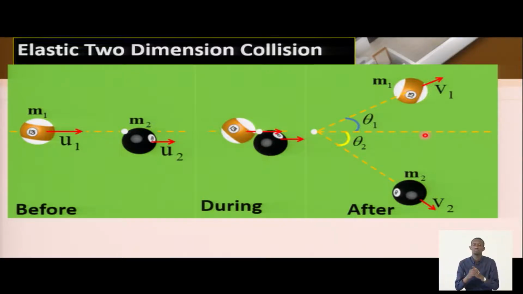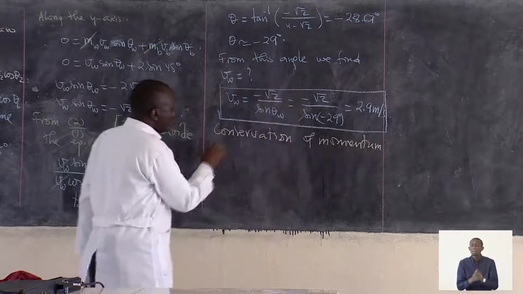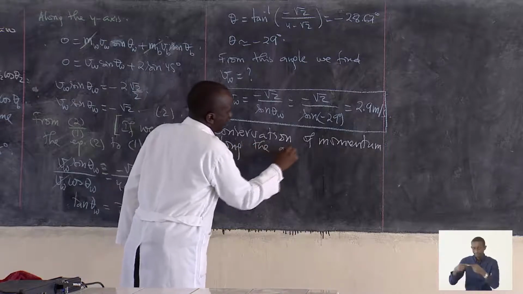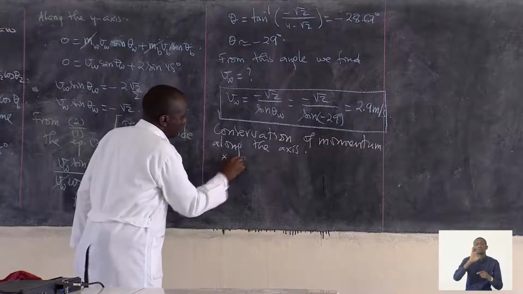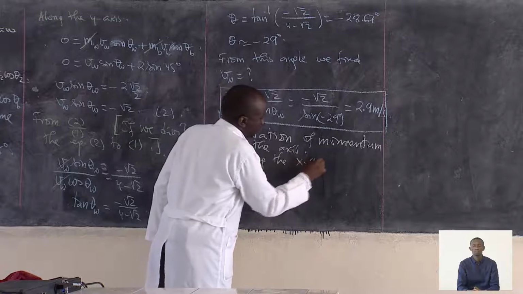So students, if you remember, from this diagram we can derive some equations. Which ones? The conservation of momentum is given along the different axes, okay? So let's start along the x-axis. What do we have?